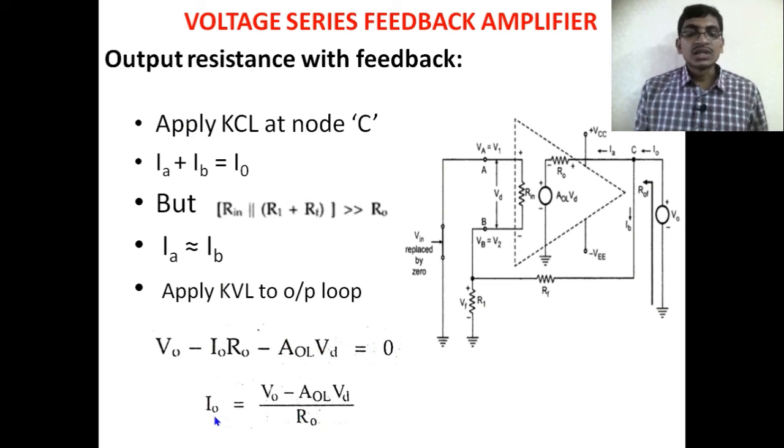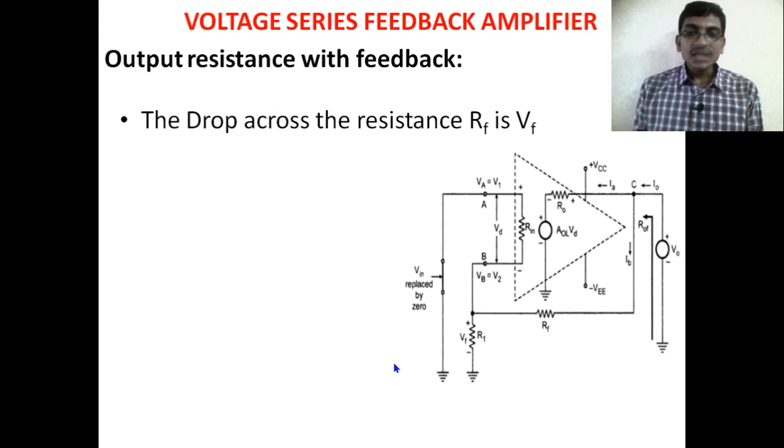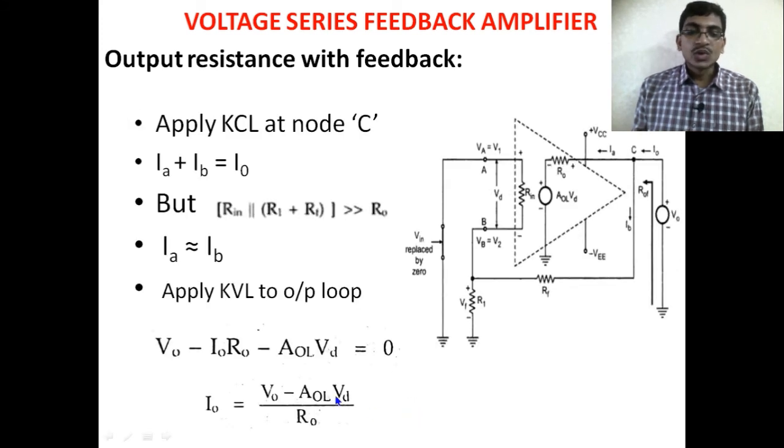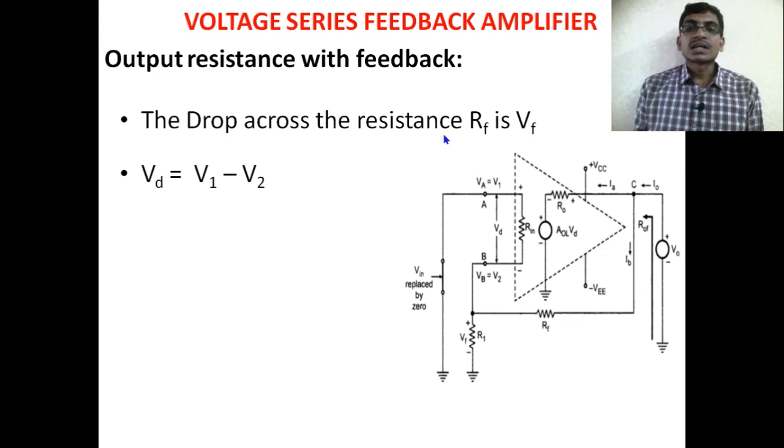So we got the equation for the output current, and now we have to calculate the differential voltage. For that we look at the drop across the resistance Rf, which is Vf.